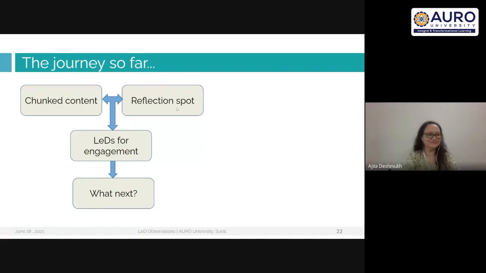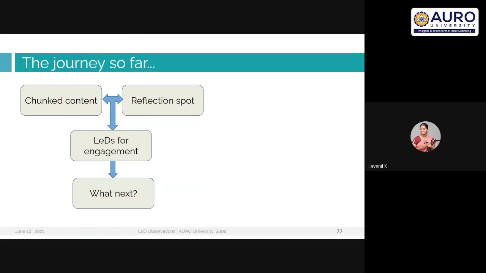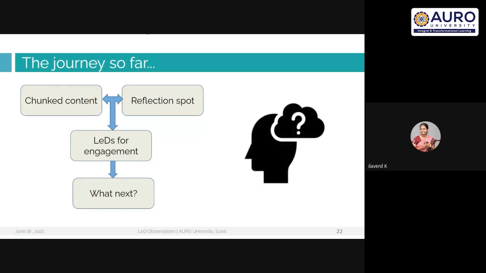So what's the journey so far that we have done? Looking at the submissions, we see that most of you have got the chunking part of the content right, but you might require more work on inserting reflection spots and tweaking them, with some minor corrections, till you make them really effective so that we get the engagement.